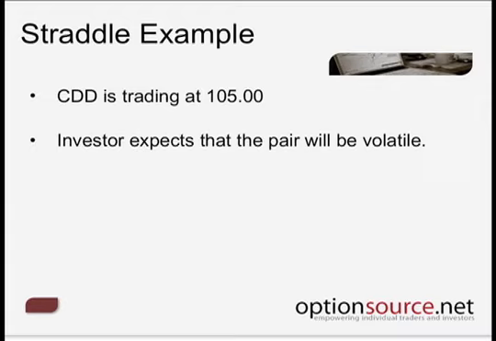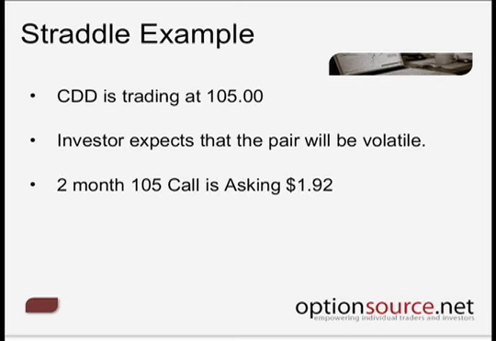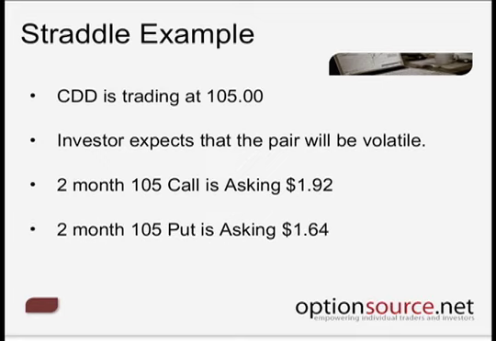So looking at it from that perspective, we would look at the 2-month 105 call options, which are asking $1.92. We would also then take a look at the 2-month 105 put options, which are asking $1.64.